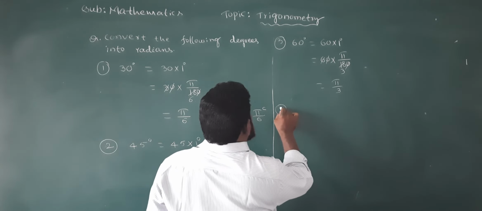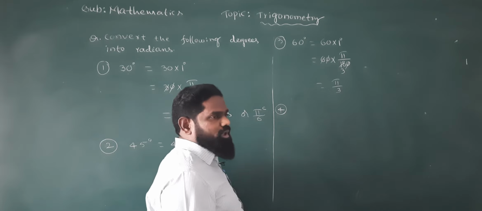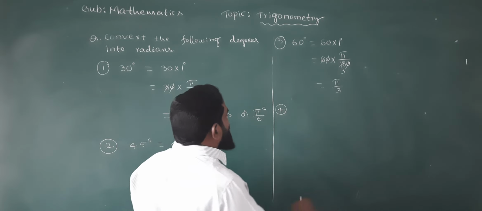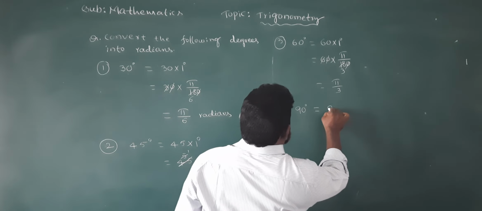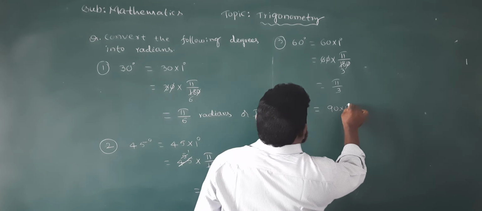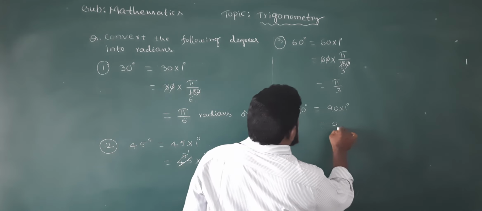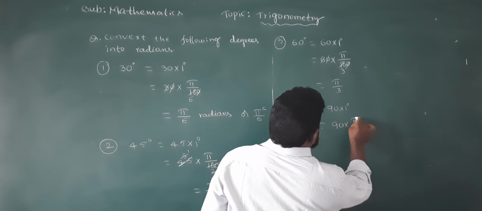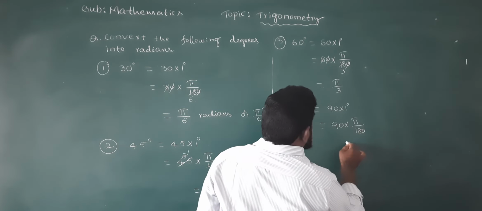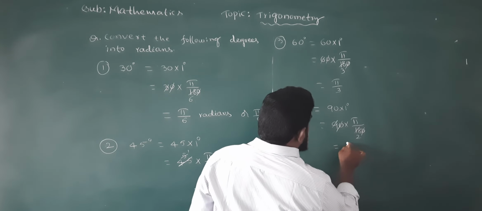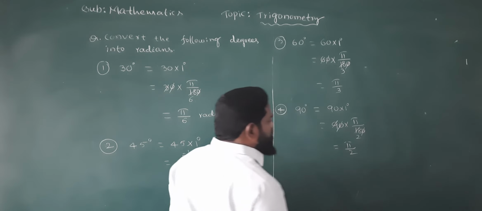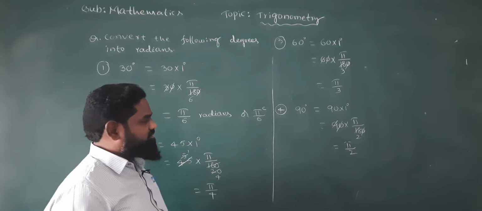Now let us go for another problem. Now 90 degrees, I have already told you. 90 into 1 degree. 90 into pi by 180 radians. Get cancelled. 9 2s are 18, so 90 degrees equals pi by 2 radians.